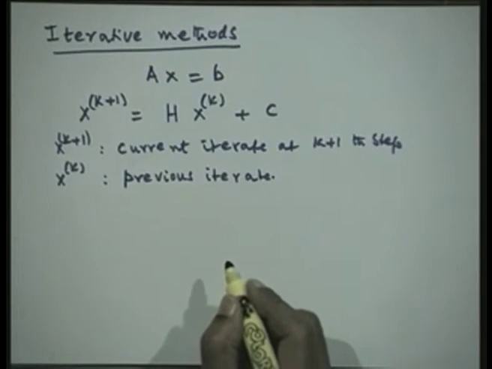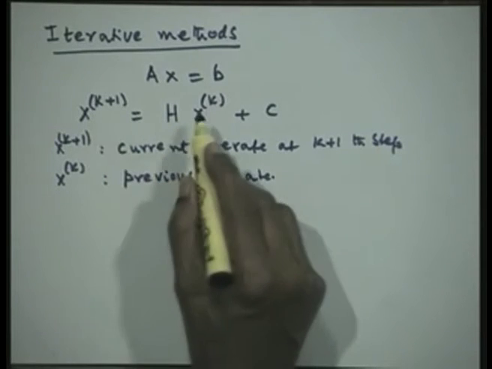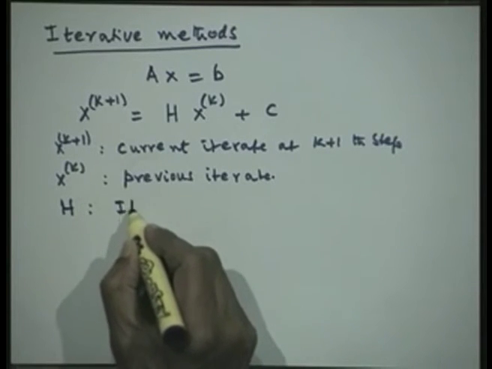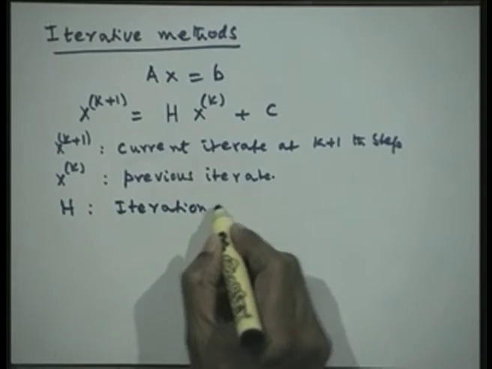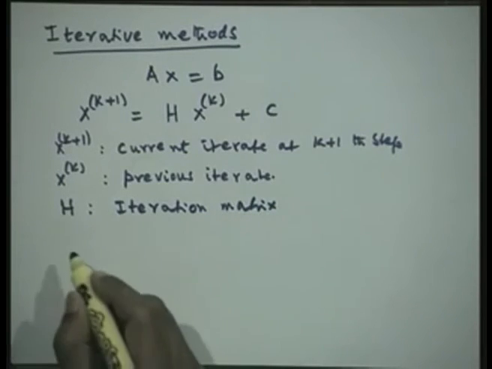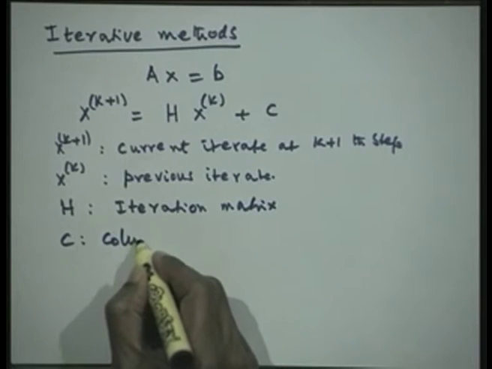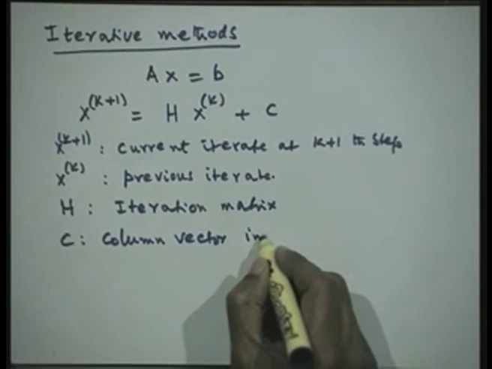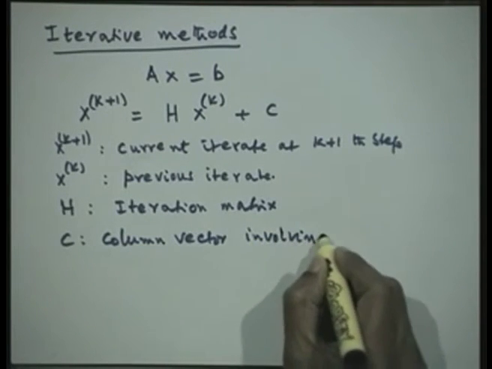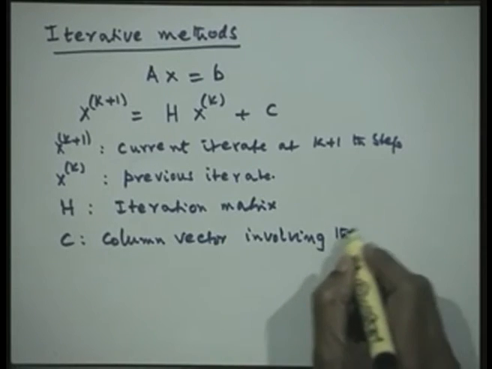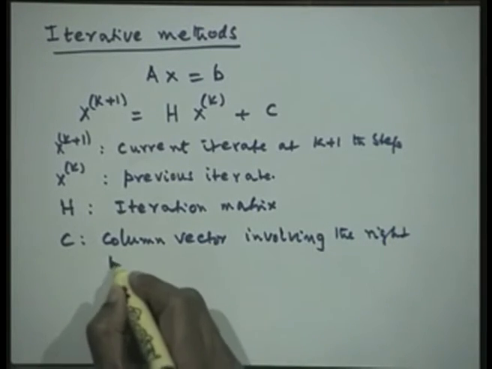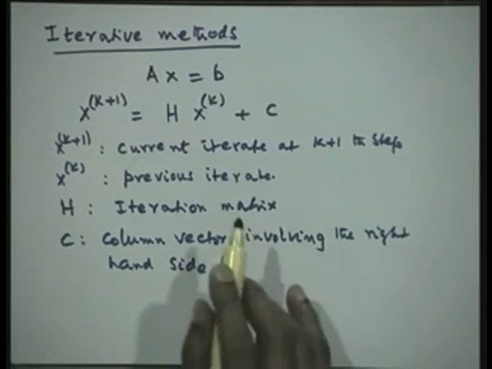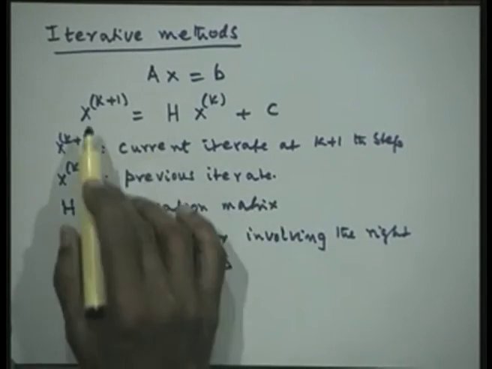The method connects the current iterate with the previous iterate, wherein H is called the iteration matrix, and C is a column vector involving the right hand side, B. So, we would like to derive an iterative method which looks like this.